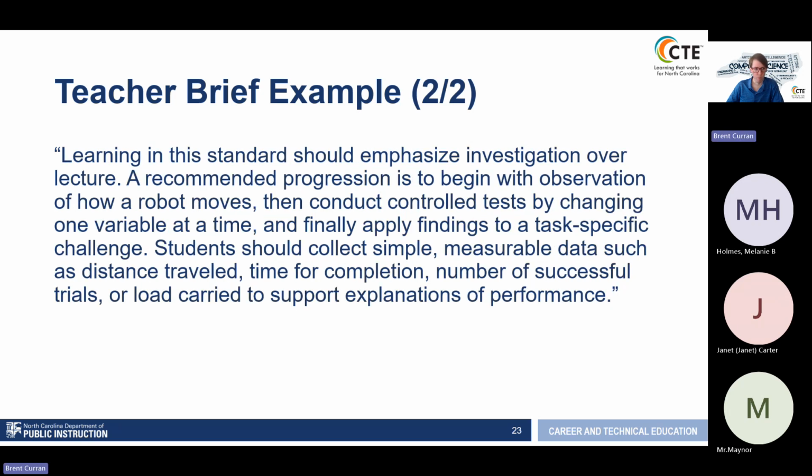Here's another example. This one calls out that, as we have student builds, students should collect simple, measurable data, such as the distance traveled, the time for completion, or the number of successful trials. That's something that they can use in their engineering notebook. That's a data point that they can use to improve their future iterations.